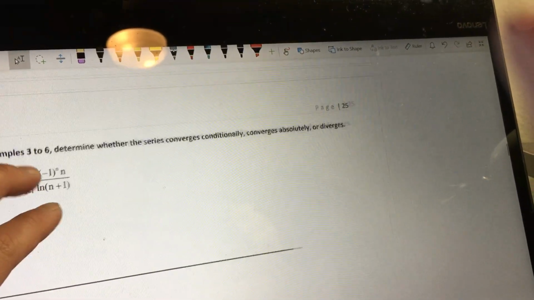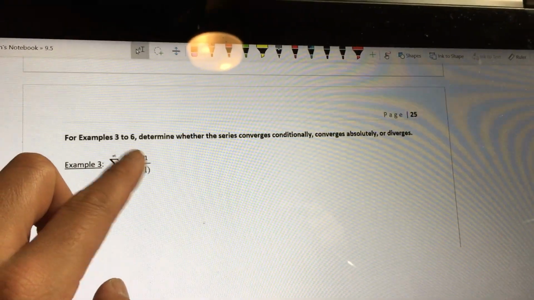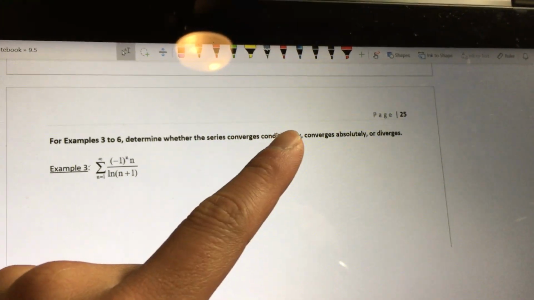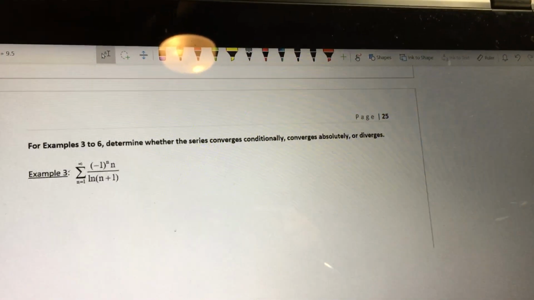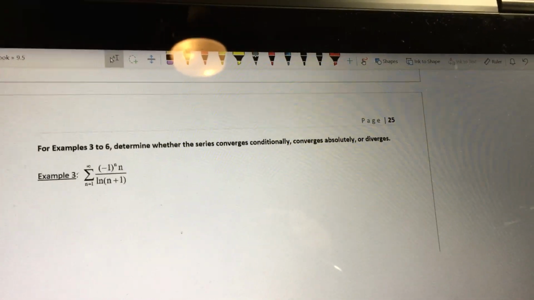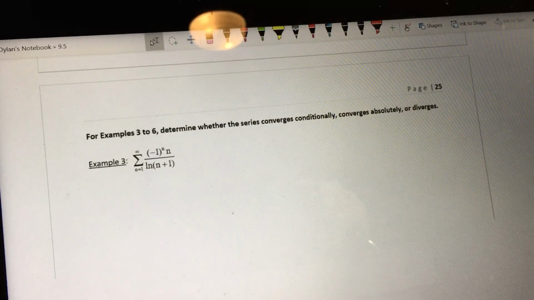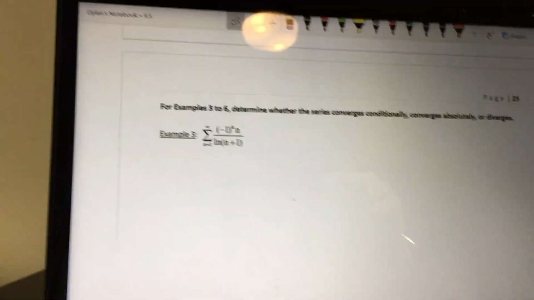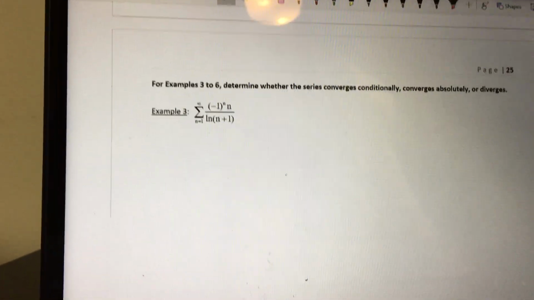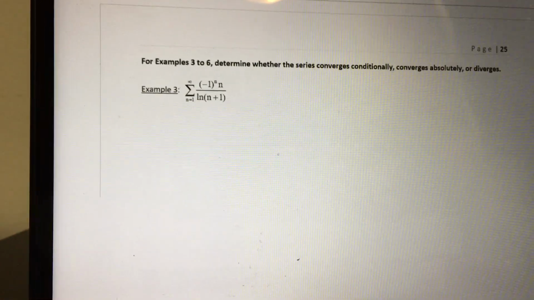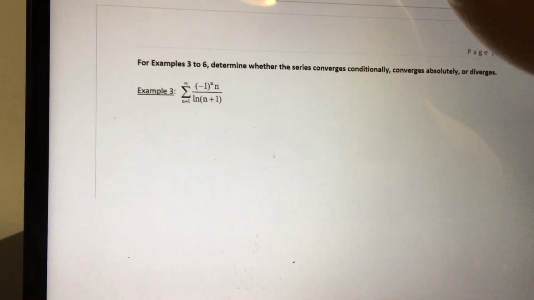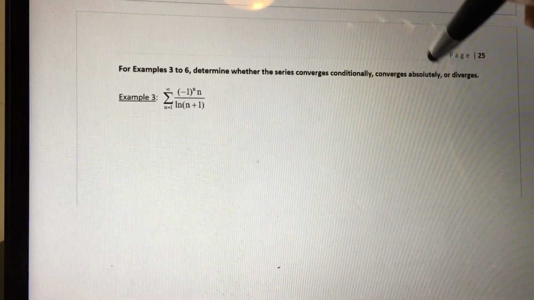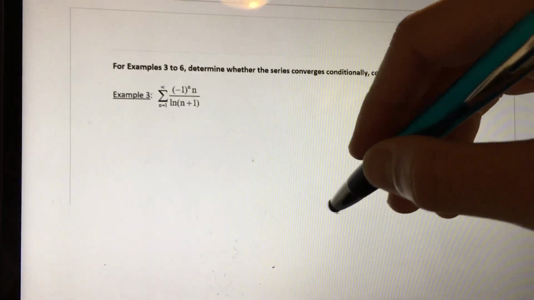In examples 3 to 6, determine whether the series converges conditionally, absolutely, or just diverges. Okay, so we'll do an example here to prove that these convergence definitions work.